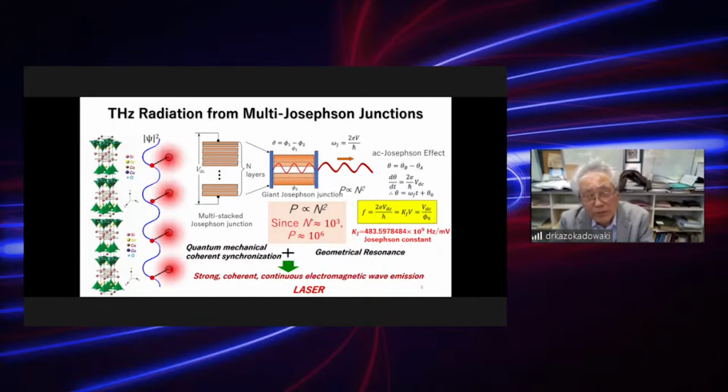Because of the number of layers, about 1,000 per micron thick, the power emitted due to the quantum mechanical effect scales with the number squared. That means the power increases by 10 to the 6. One layer will give something like a picowatt, but we can get something like a microwatt quite easily this way. So we call this coherent oscillation of a set of junctions, like a laser.